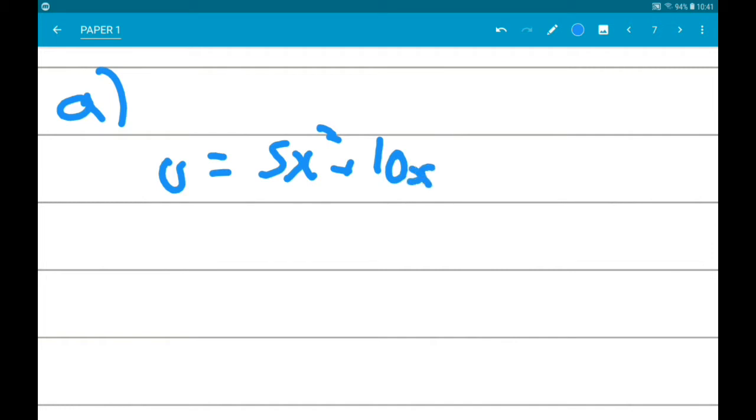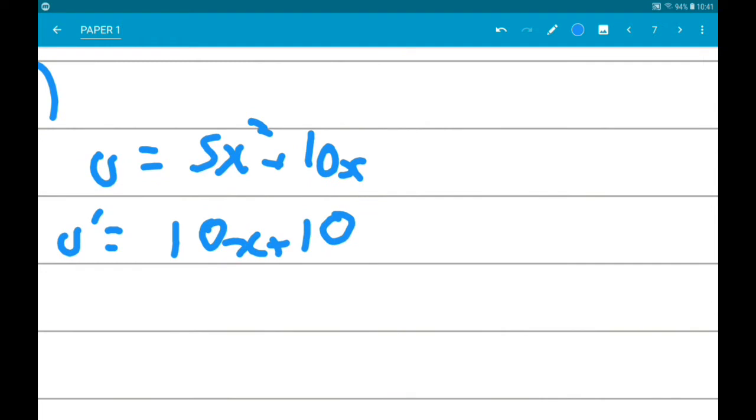So du by dx, or u dashed, is 10x add 10. And then v is x add 1 squared.